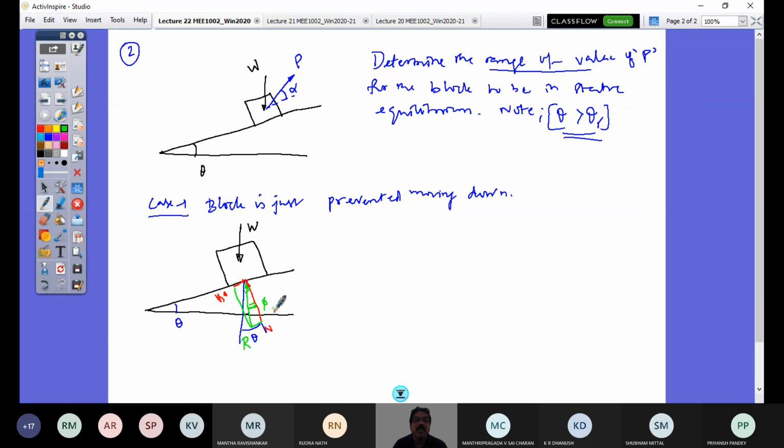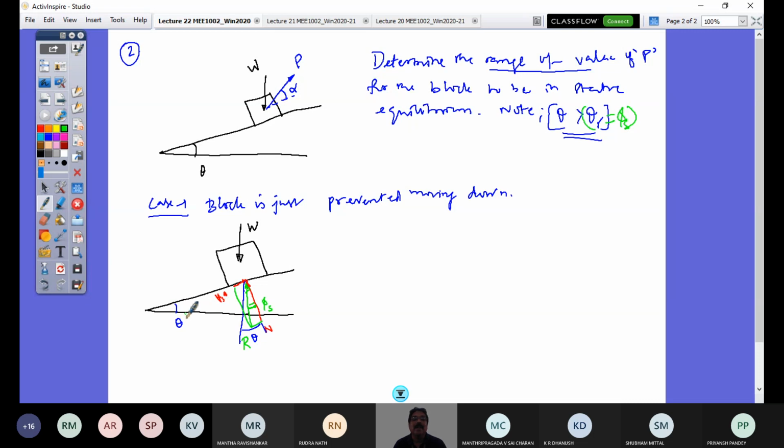Correct? This angle is the friction angle phi s. Look at theta is greater than phi s, which I was telling. Correct? So where angle of repose is phi s. So when theta is greater than phi s, this block is about to slide, and the impending state also has to be ensured. So this is an impending state. So that's why it is mu s times N.